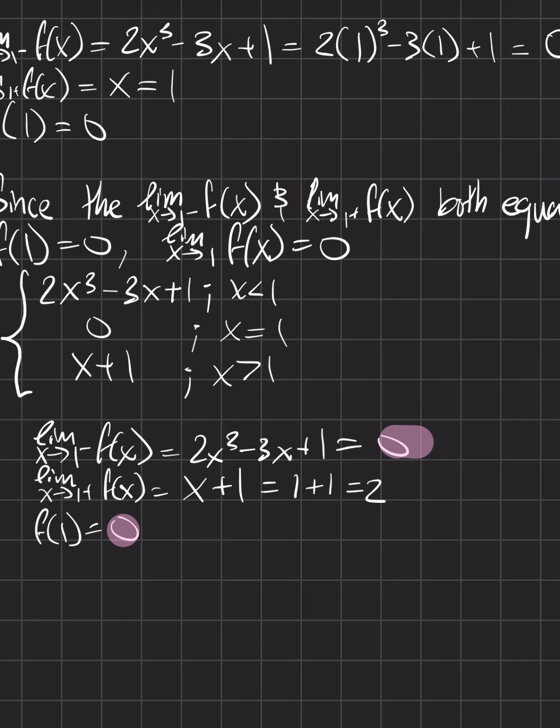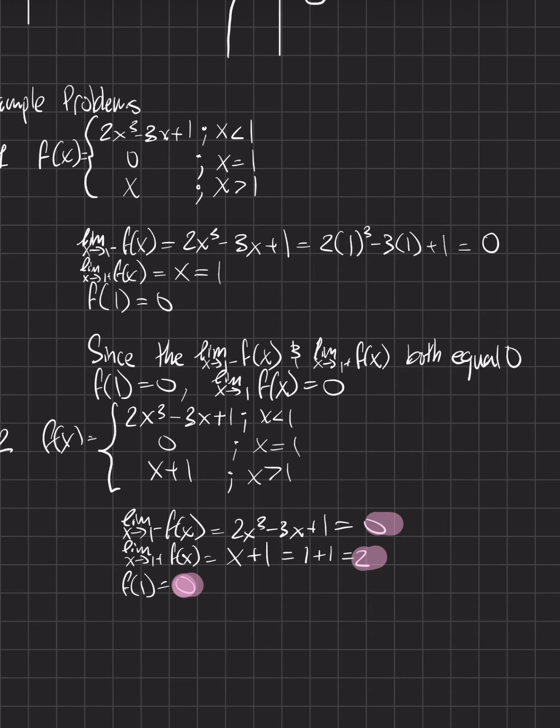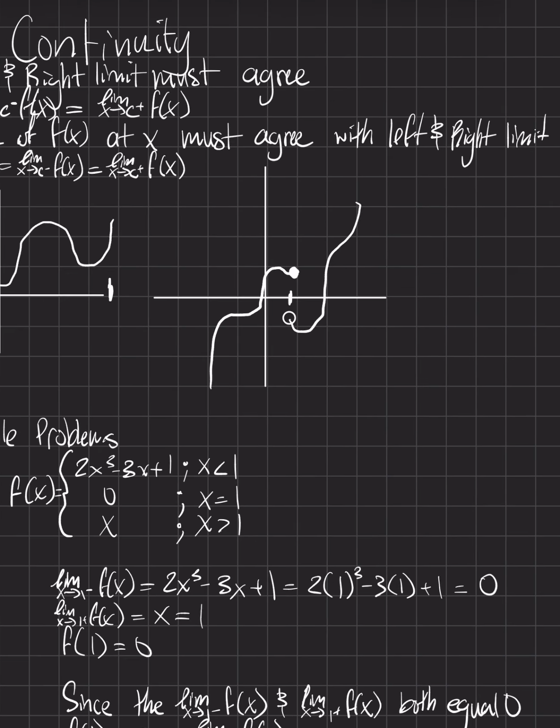Our value of where x is at 1 is saying 0. But unfortunately, our right limit is saying that it's 2. So what that means is that we cannot say that the function is continuous because there's going to be a jump, kind of like what we talked about here.